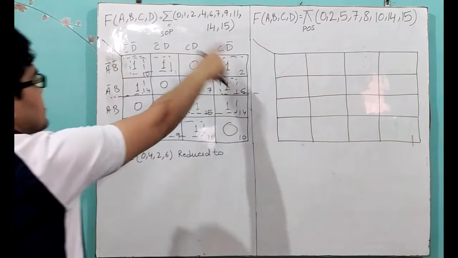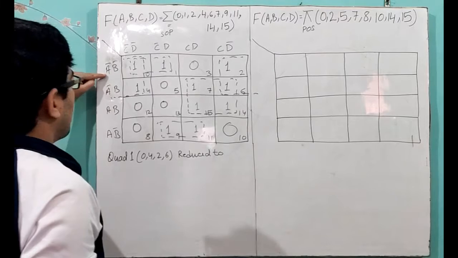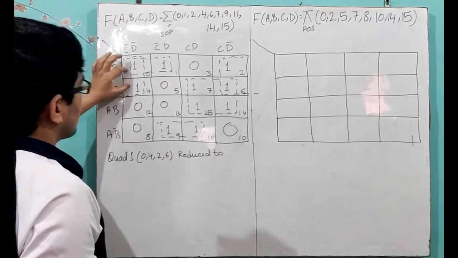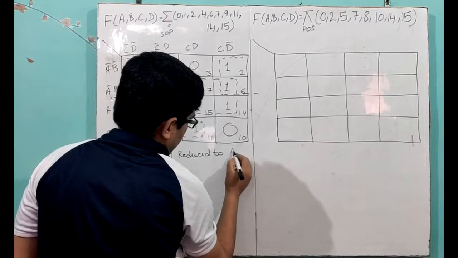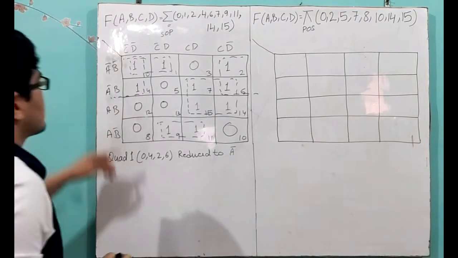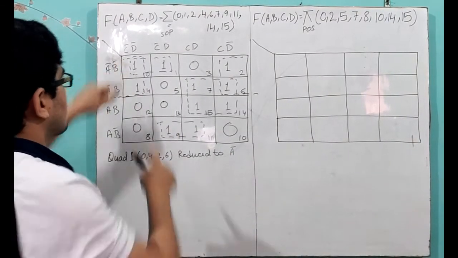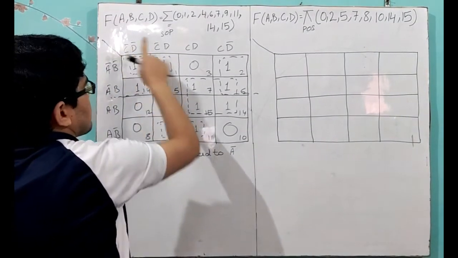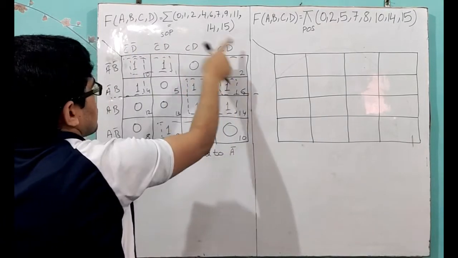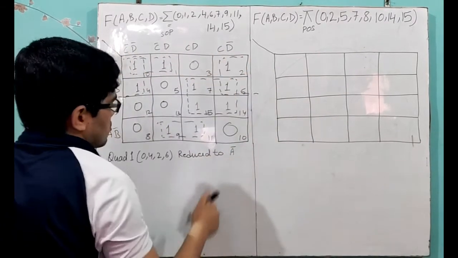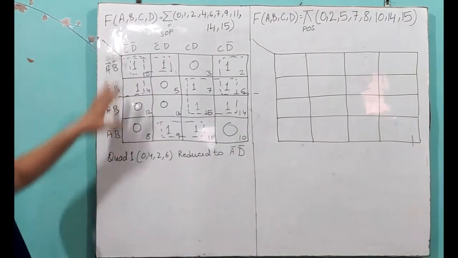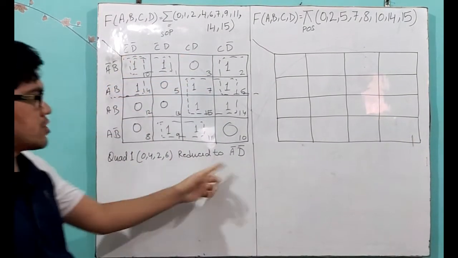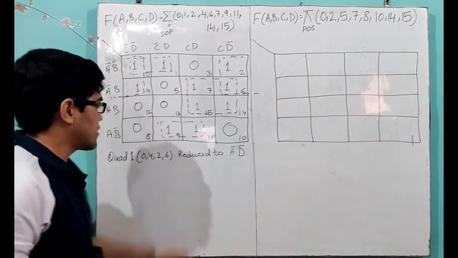In these 4 cells, which element is not changing? A bar. For all these 4 entries, A bar is the same. B is changed. Now C D bar, C bar D bar, C D bar: D bar is also not changed. So for this quad, the solution is A bar D bar.